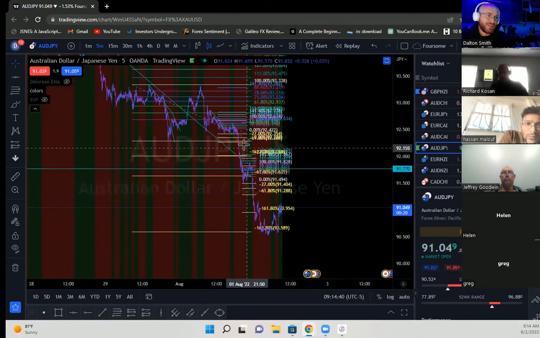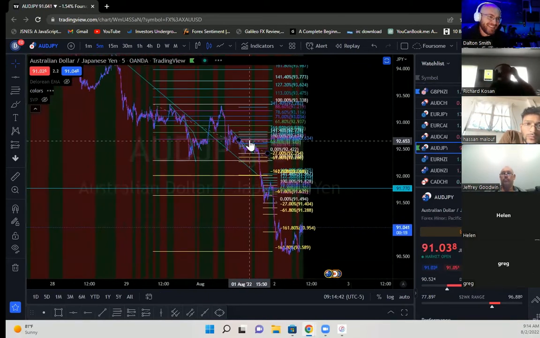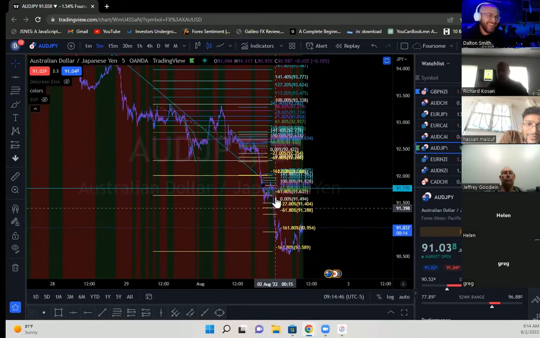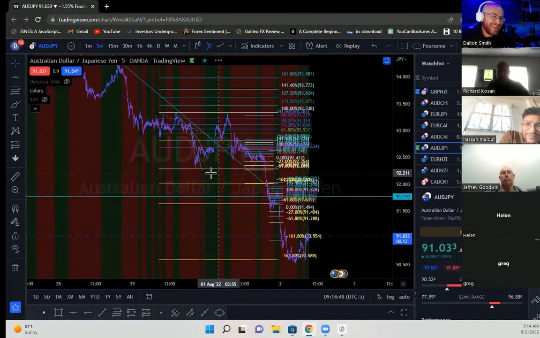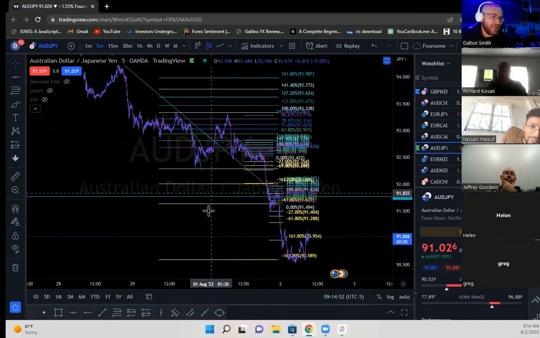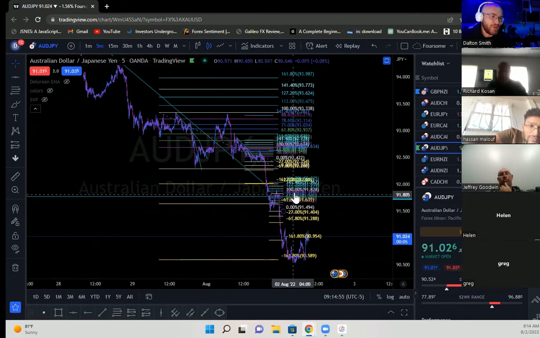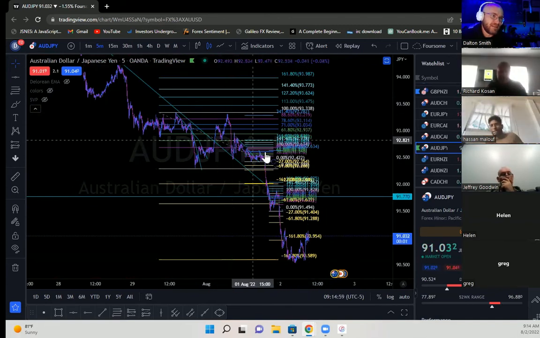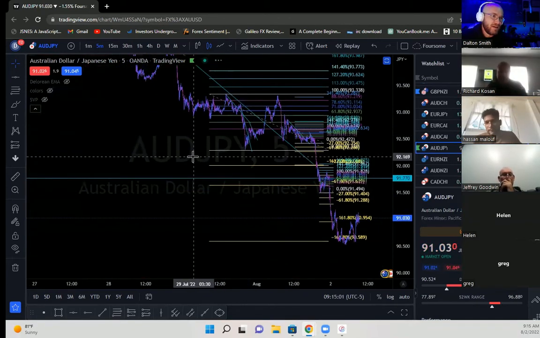So here's what my Fibonaccis looked like last night. You can see I was pulling Fibonaccis all the way down. That's horrible. So this was my big Fibonacci movement here, and then I was doing confirmations of it on the way down. Does that make sense? That looks like a jumbled mess.